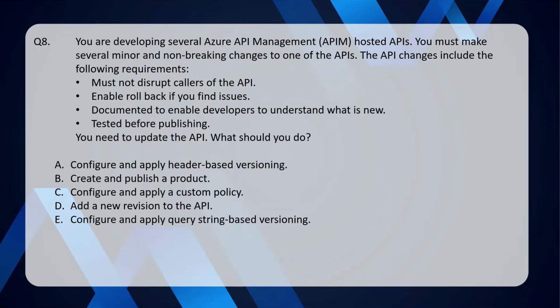You need to update the API. What should you do? Your options are configure and apply header-based versioning, create and publish a product, configure and apply a custom policy, add a new revision to the API, configure and apply query string-based versioning.